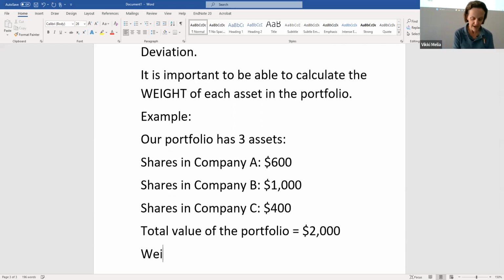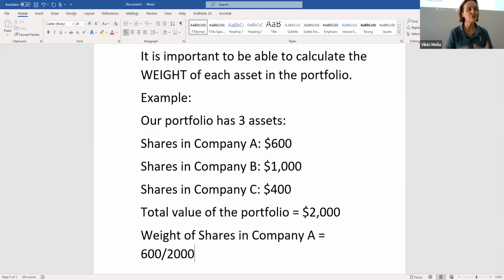So then the weight of shares in company A is equal to 600. That's what we've invested in company A, divided by the total value of our portfolio. So what percentage do we have invested in A? 30%.